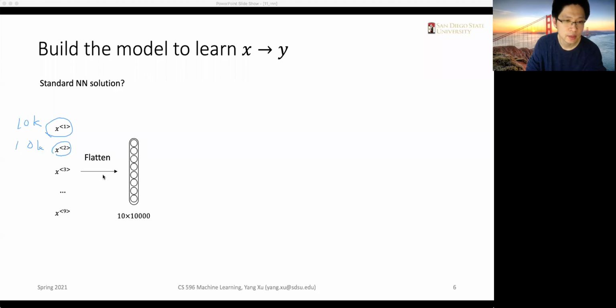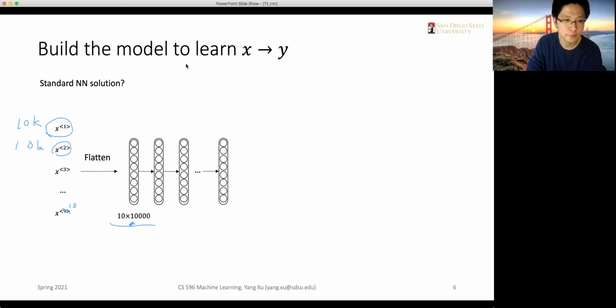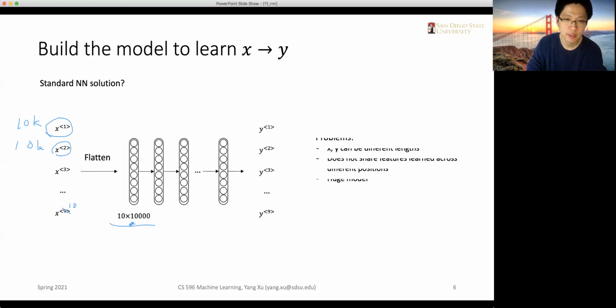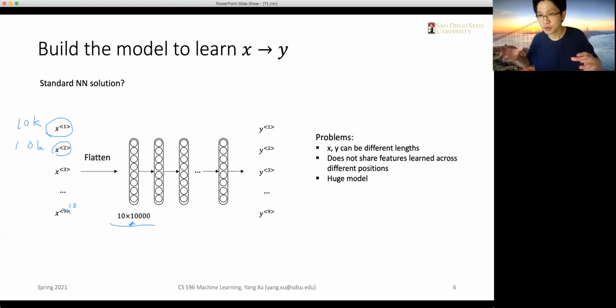Assume that we have 10 words in total. Those 10 words concatenated together will be a very long input vector, 10 by 10,000. If we use that as the input for a regular neural network, we can see a very straightforward problem: the parameters, the weight matrix, will be super big.